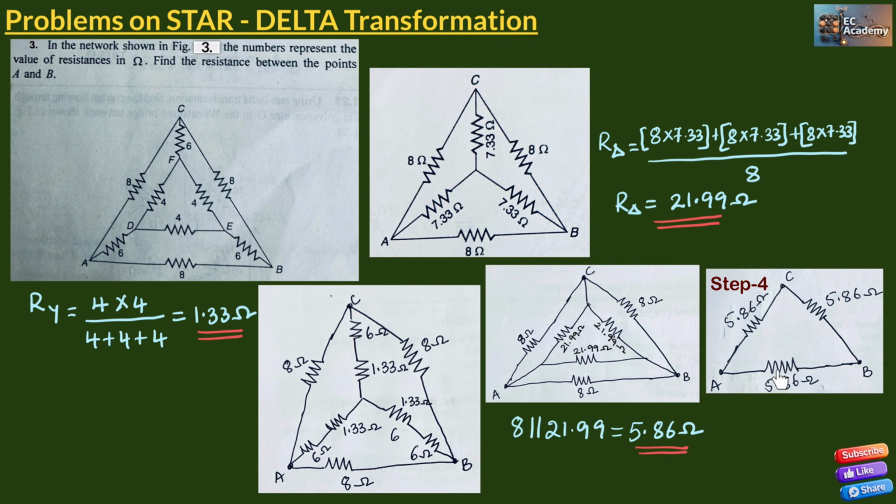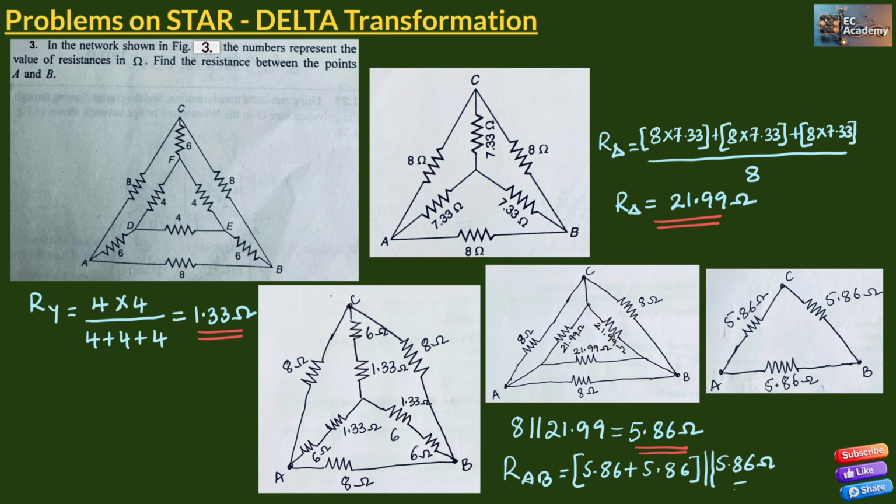Now to find the equivalent resistance between A and B, we can use the same technique we used in the previous problem, where this resistor will be parallel with these two resistors which are in series between A and B. So we'll get the equivalent resistance between A and B as 5.86 ohm plus 5.86 ohm in parallel with 5.86 ohm.